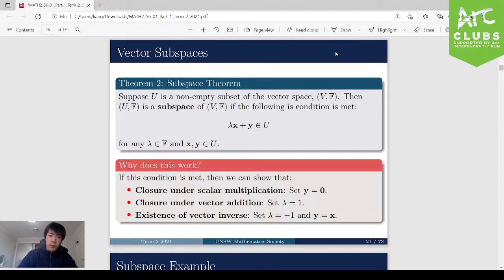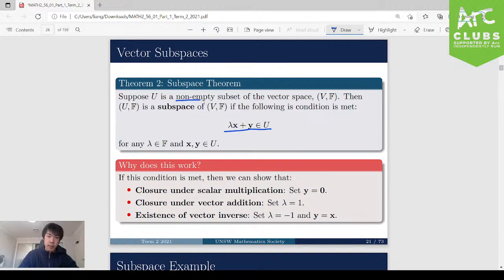And then the other idea is vector subspaces, which, just like subgroups and subfields that we previously covered, have a theorem you can use that significantly simplifies what you have to prove. If you want to prove something is a subspace, you need it to be a non-empty subset of your biggest space, for example V. And then U would be a subspace of V if it follows this condition, which you can think of as a linearity condition, because it basically says scalar multiplication of an element and addition works.